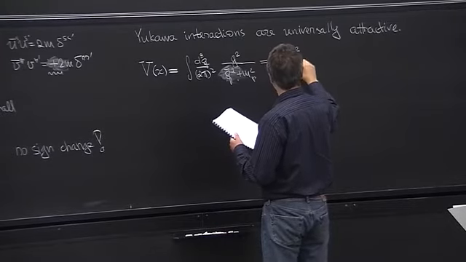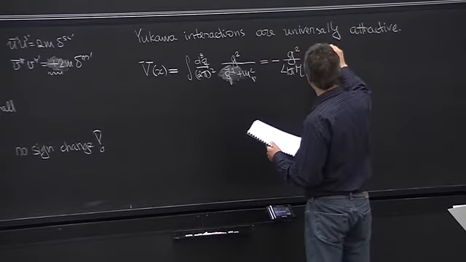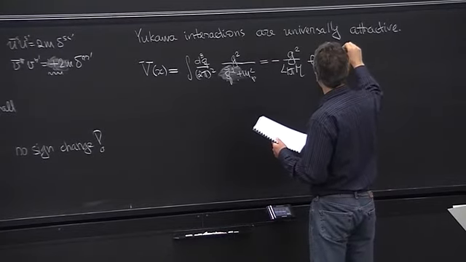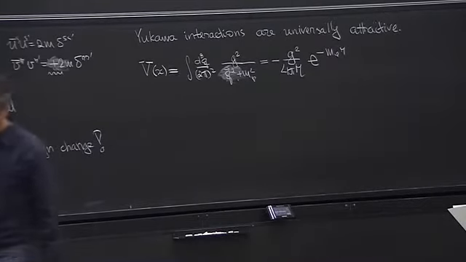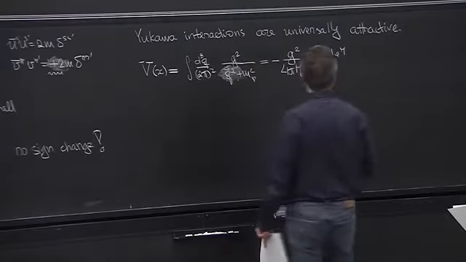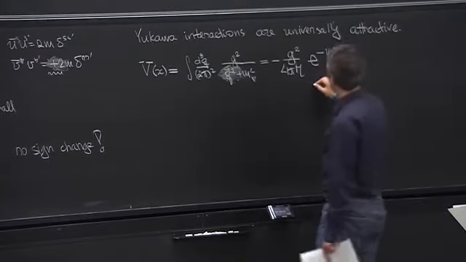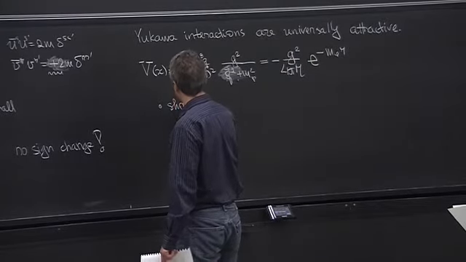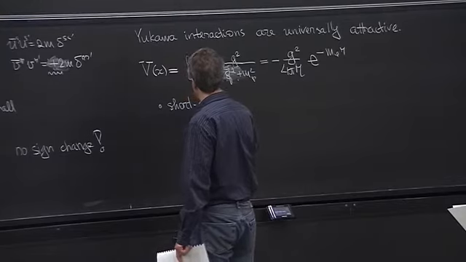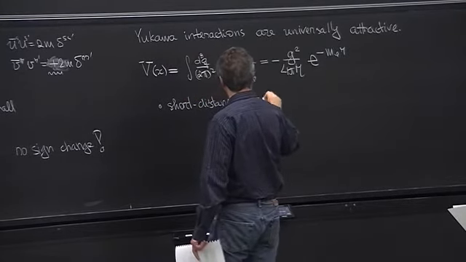multiplied by the damping exponential that kills off the interaction at large distances. So you see that the potential is short distance, and is attractive.